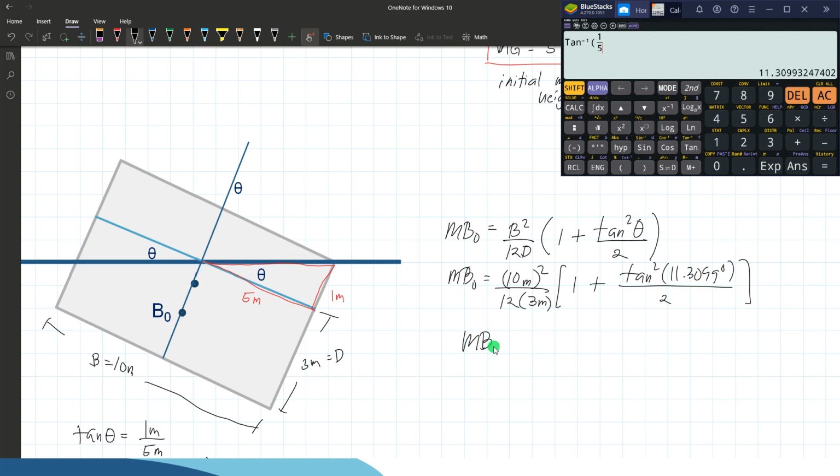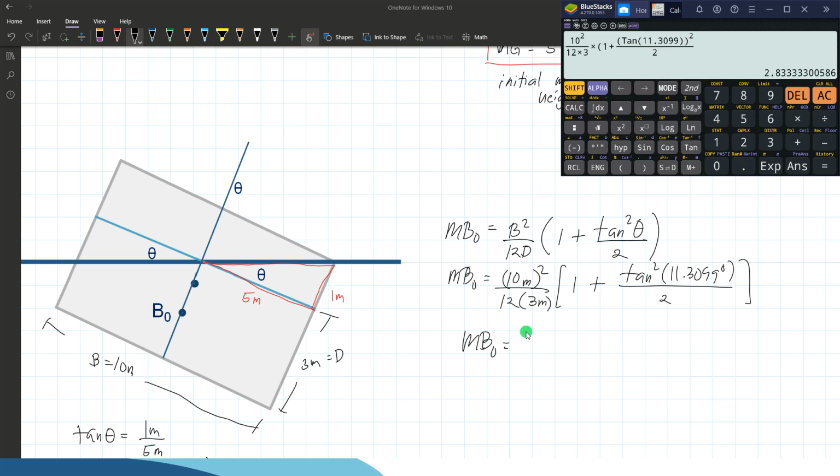So let's directly solve this. That's 10 squared over 12 times 3, multiplied by 1 plus tangent squared of 11.3099 over 2.